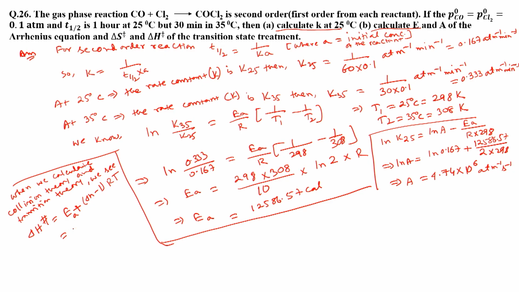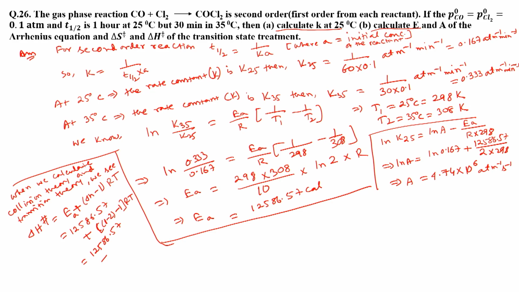E is nothing but EA, which is 12586.57, and what is the value of delta n here? Delta n is product minus reactant, so 1 minus 2, so minus 1 times RT.